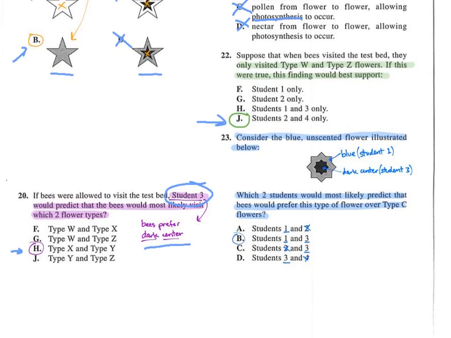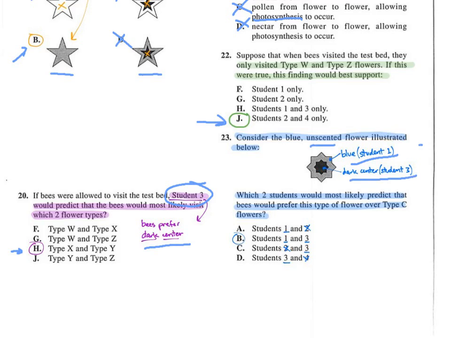23 says, consider the blue unscented flower illustrated below. So it's blue, it's got kind of more complex star shape, and it has a dark center. So which two students would most likely predict that the bees would prefer this type of flower over type C flowers? Well, so it's blue, it's unscented, and it has a dark center.